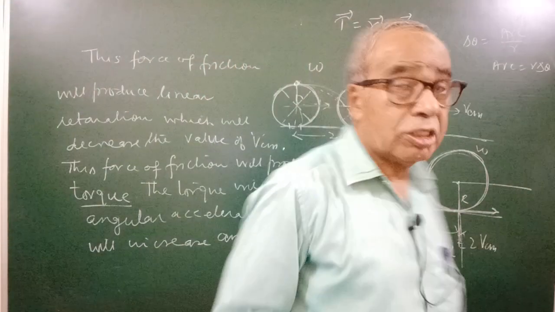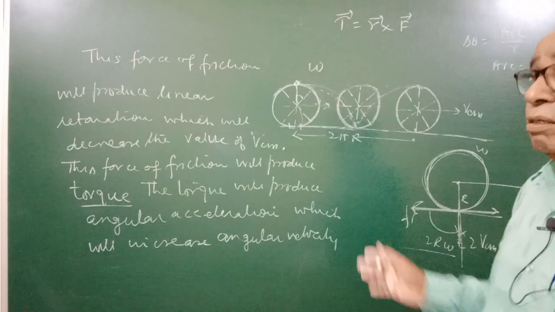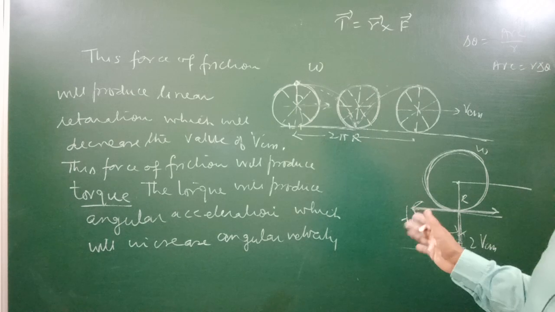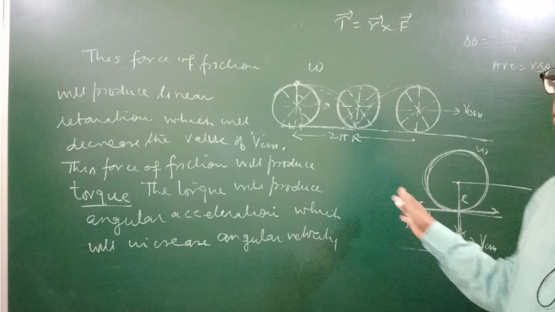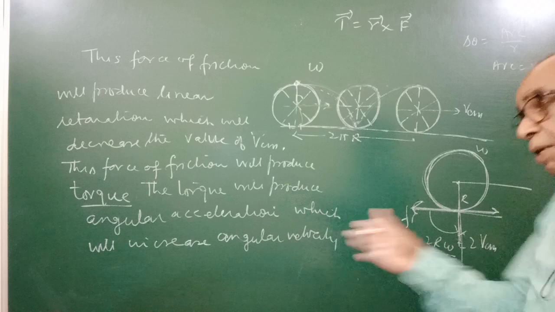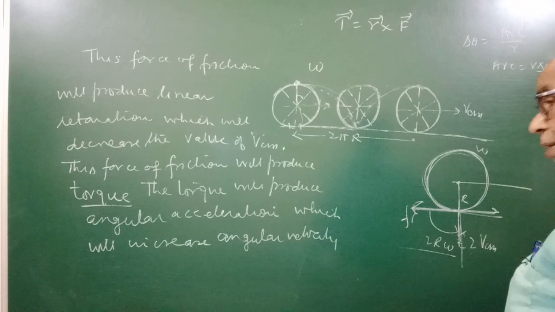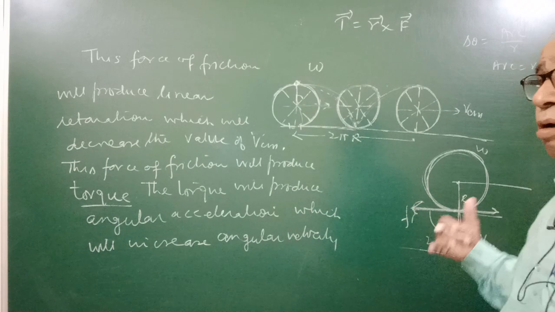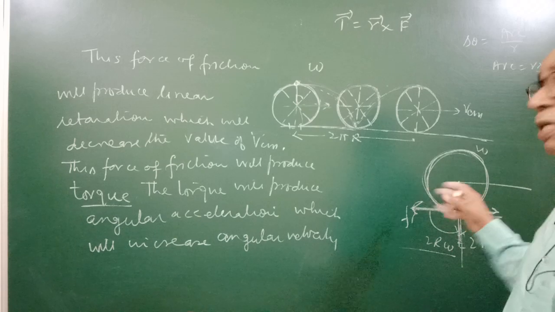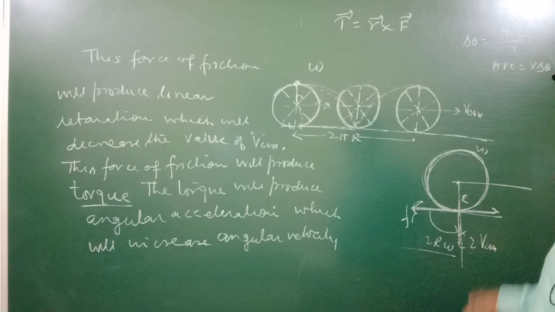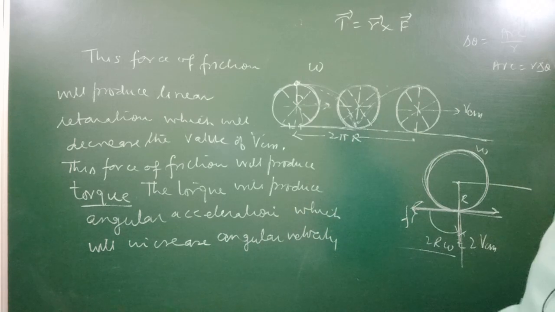Due to slipping of the wheel, there will be force of friction in the backward direction. The wheel will start slipping in the forward direction, force in the backward direction, and this force of friction retards the linear velocity and increases the angular velocity because torque is produced.